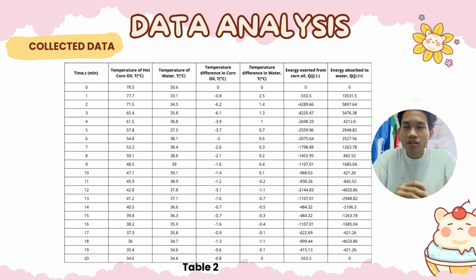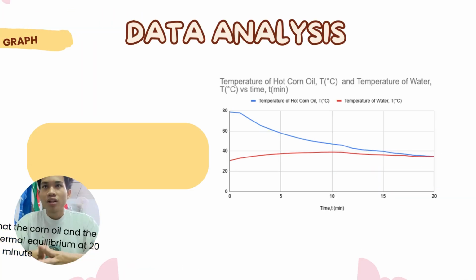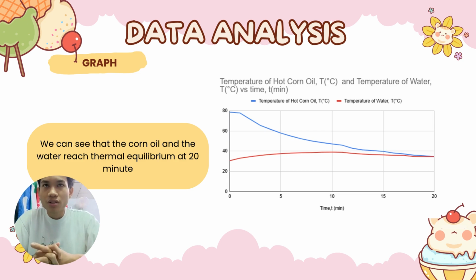We can see that the temperature of hot corn oil and the temperature of water reach the same temperature at 20 minutes. We also calculate the temperature difference and energy exerted from corn oil, and also energy absorbed by water. That is the temperature of hot corn oil and temperature of water against time.